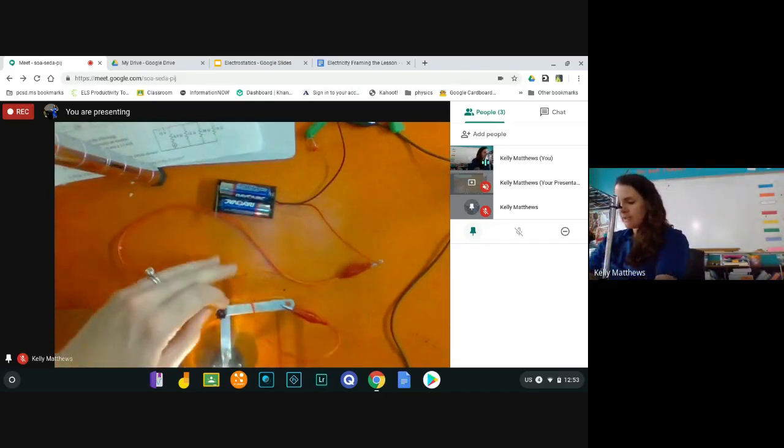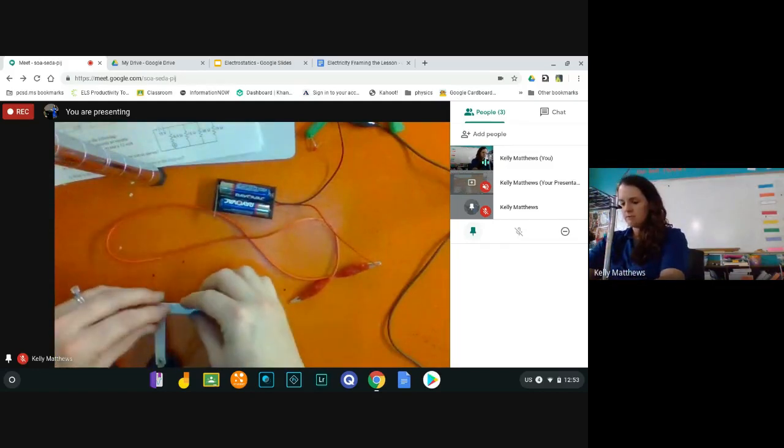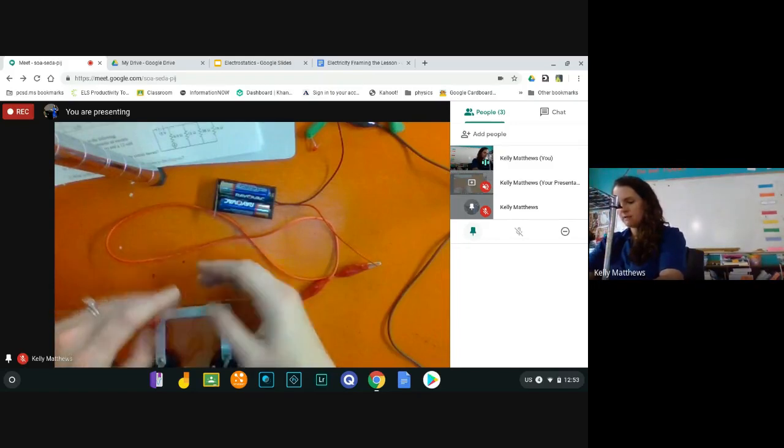Now we could rearrange this and let it have two pieces. So we're going to try to do that. And we want to be able to follow the path of the electricity.